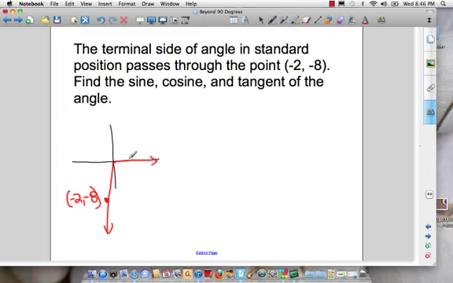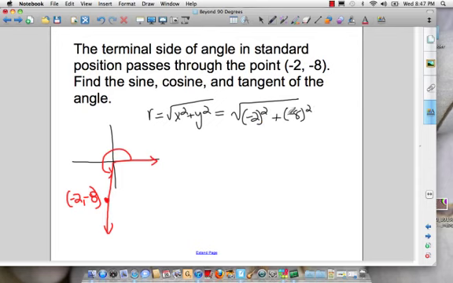And the angle we're looking at, like I said, it starts here and it goes all the way around to here. So this is actually bigger than 180 degrees. So here's how we're going to get trig values for that large angle. Well, the first thing to do is to find r, which is the square root of x squared plus y squared, or in this case, the square root of -2 squared plus -8 squared.